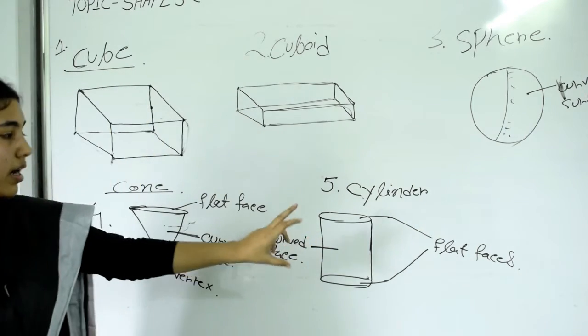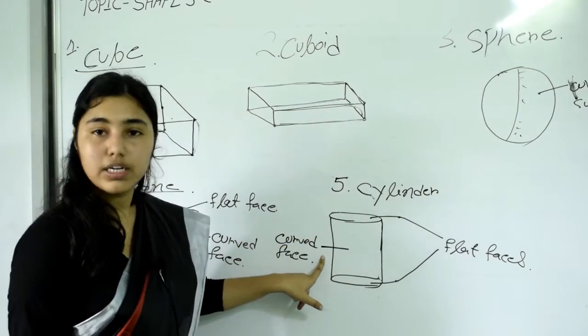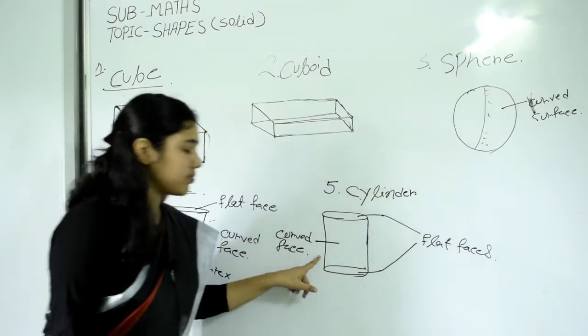So a cylinder has two flat faces and one curved surface or curved face.